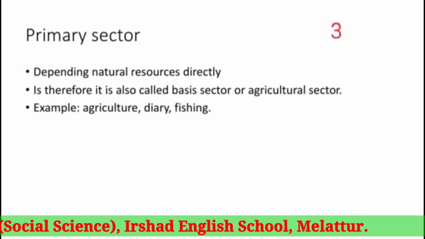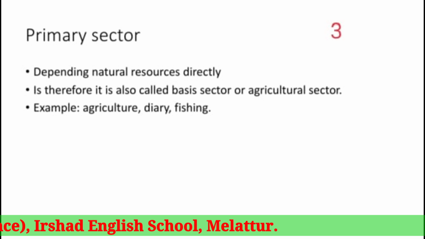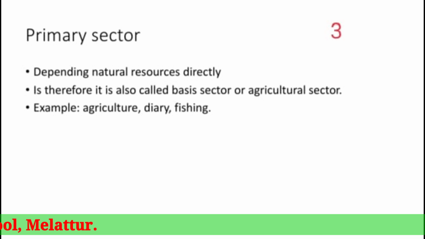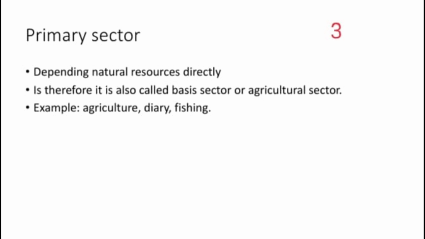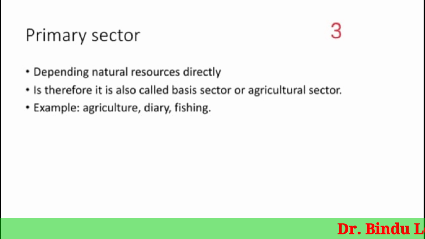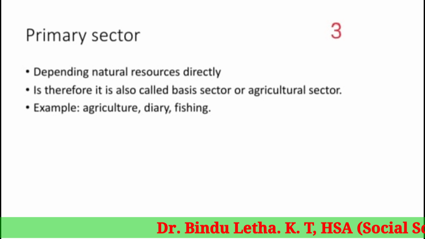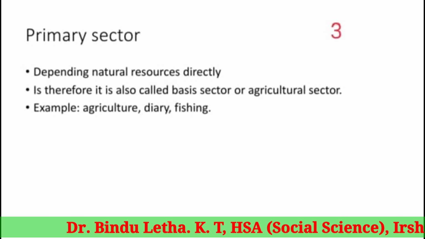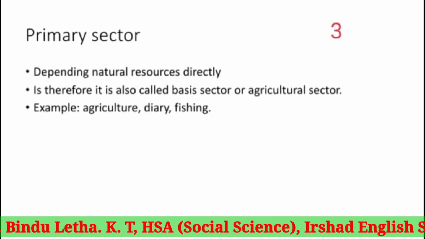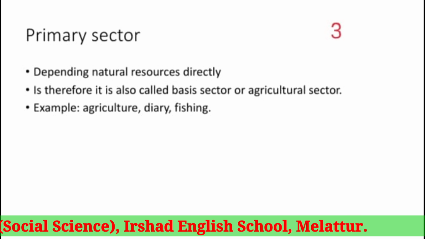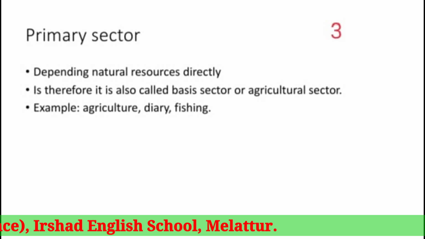They depend on natural resources directly. Therefore, it is also called the agriculture sector. For example, cotton, dairy, fishing, etc. When human life started on earth, the primary sector also started.